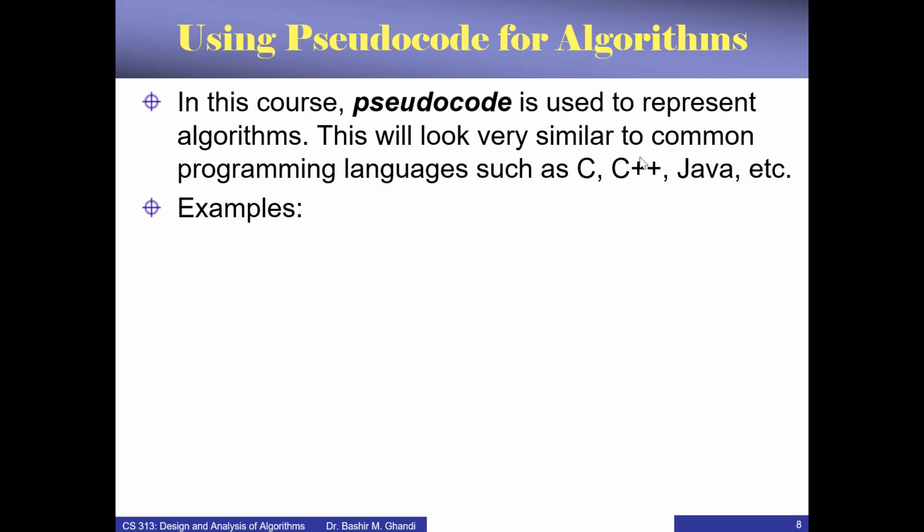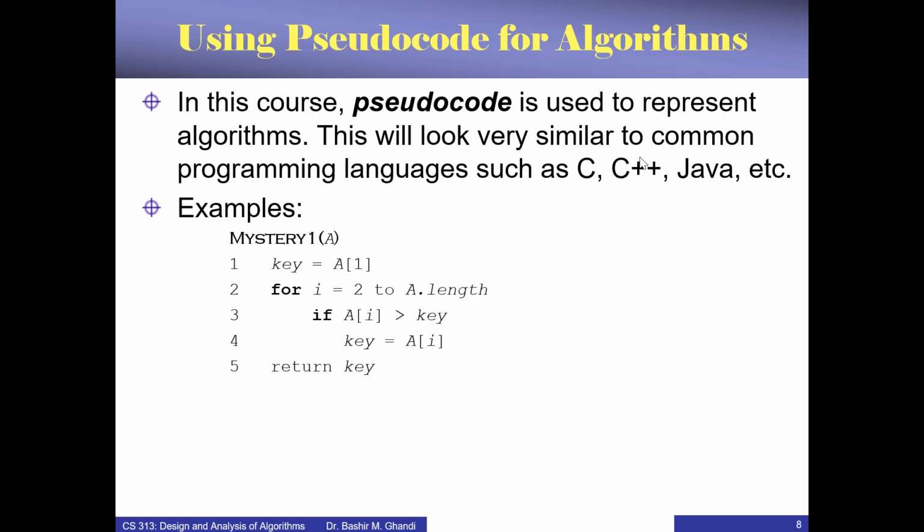To explain this better, let's take two examples. And this is our first example. I call it Mystery 1 because usually in a traditional class I ask my students to try to see if they can understand what this algorithm is doing before I tell them what exactly it is doing.